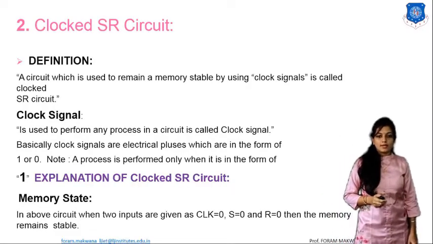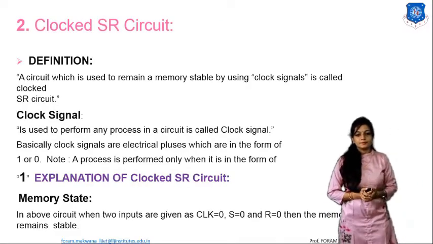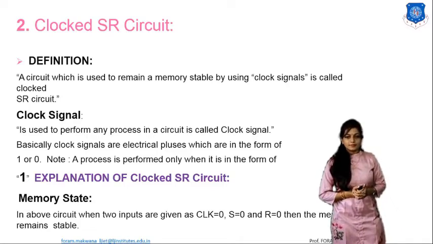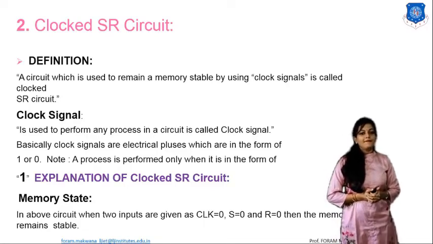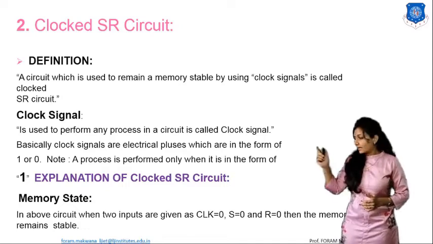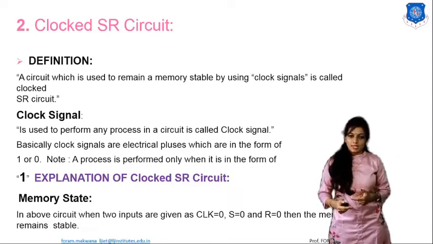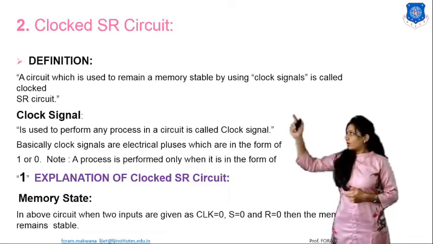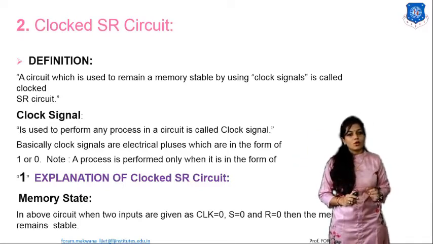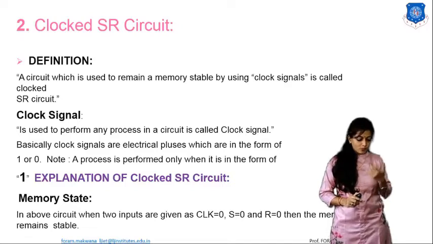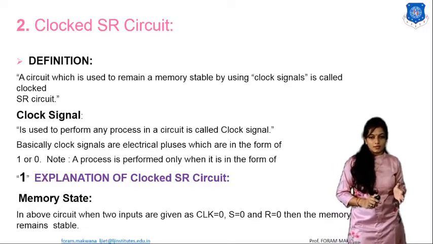Now what is the clock SR circuit? In the clock SR circuit, we can say that a circuit which is used to remain in the memory state by using the clock signal is called the clock SR circuit. So what is the clock signal?